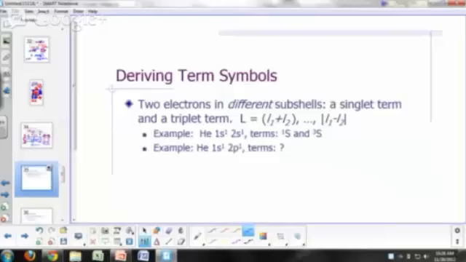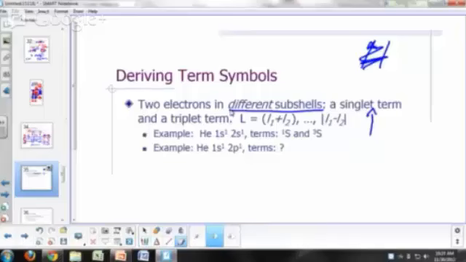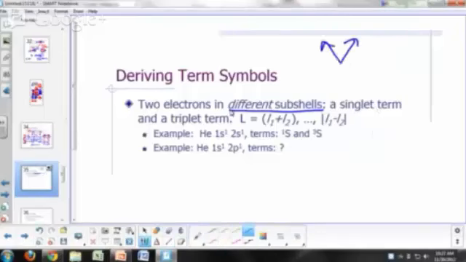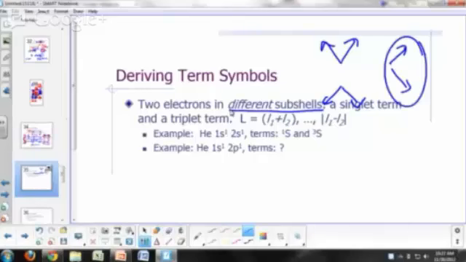In general, if you have 2 electrons in different subshells, you'll get a singlet term and a triplet term. Another way to look at that is that they're both spin up or they're both spin down. That's part of the triplet. And the other one, you have 1 spin up, 1 spin down. You have 2 possible linear combinations of these.